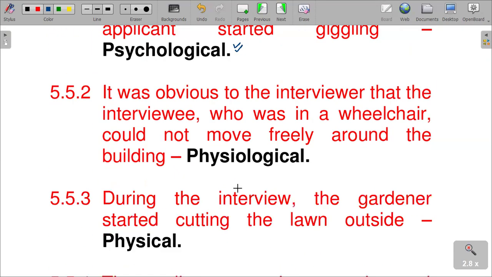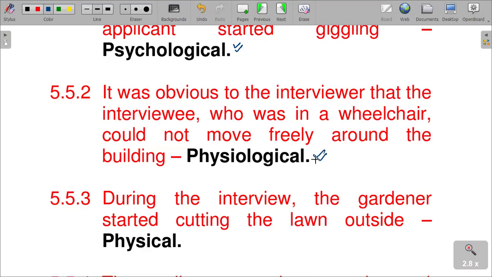It was obvious to the interviewer that the interviewee who was in the wheelchair could not move freely around the building. It's a physiological barrier.